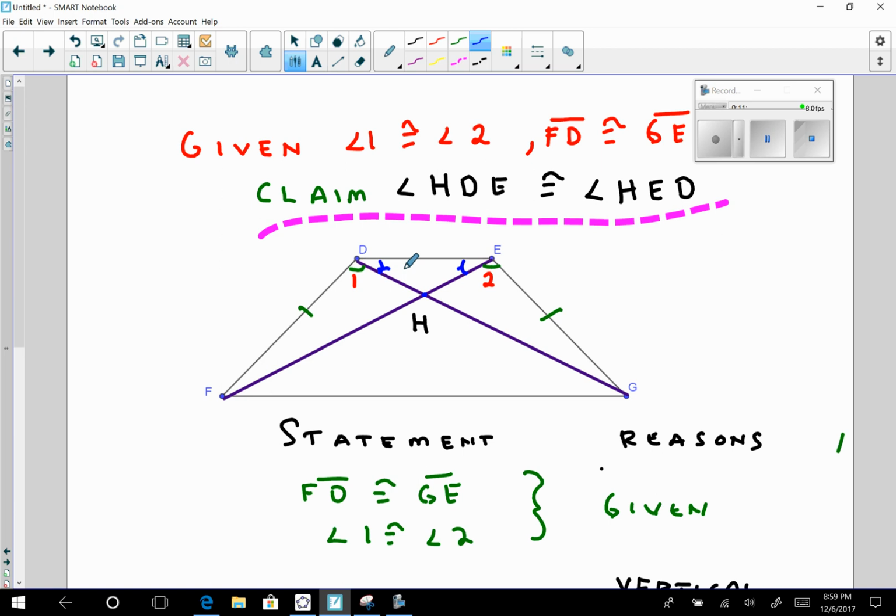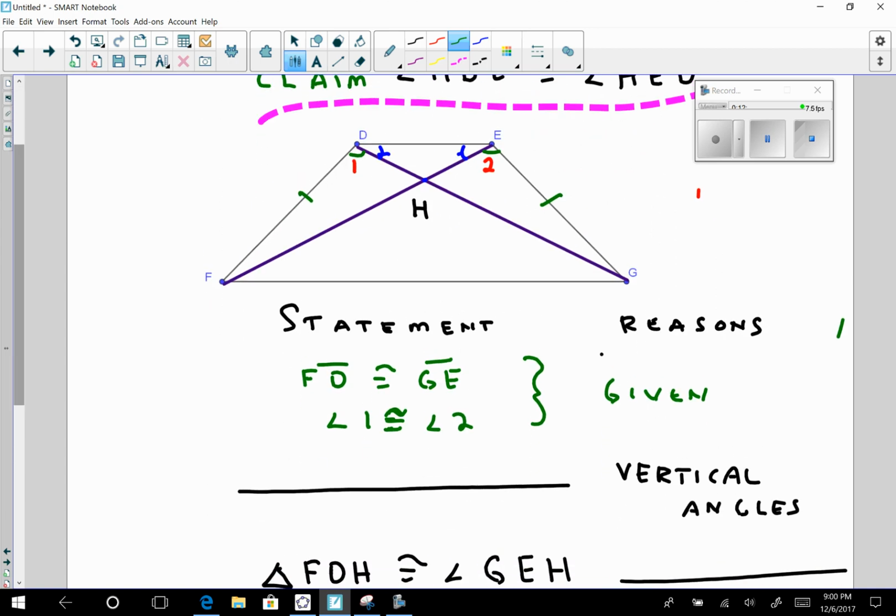And this is going to be a fill-in-the-blank proof. I'm going to start with the given statements: FD is congruent to GE, and the measure of angle 1 is congruent to the measure of angle 2. What I'm going to do is look at a couple triangles. I'm going to look at triangle FDH and triangle GEH, and I'm going to prove those are congruent.